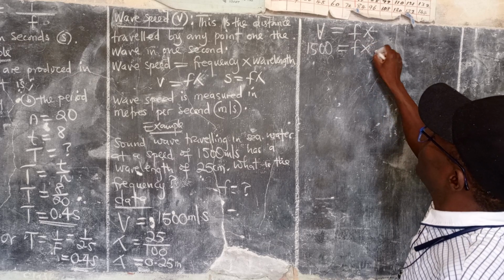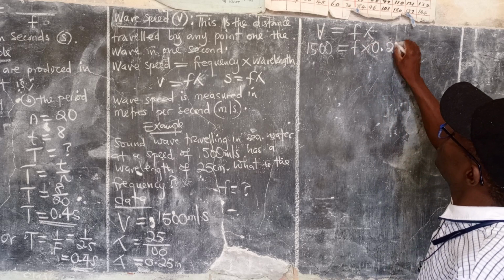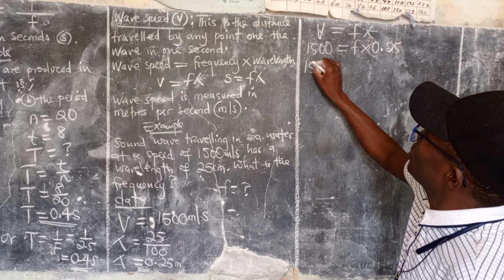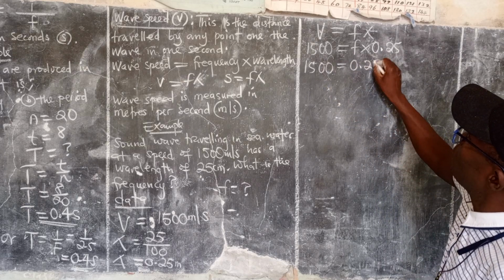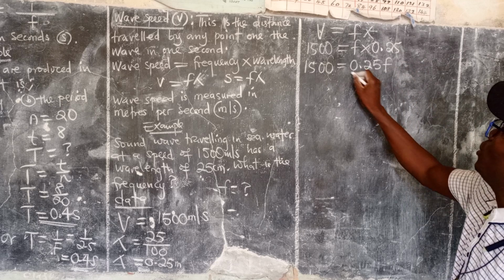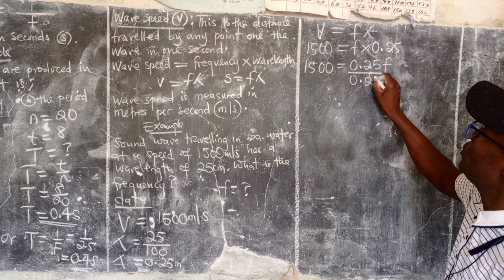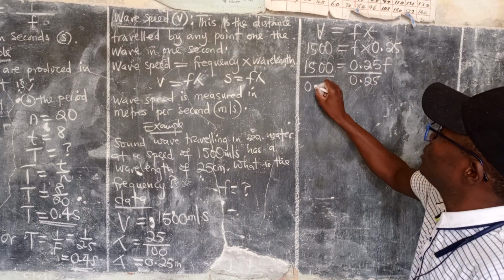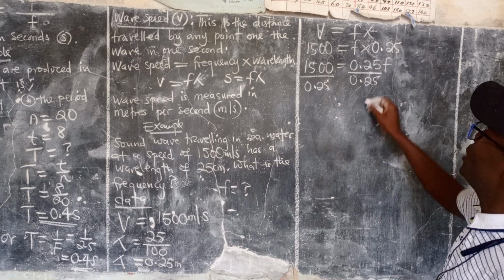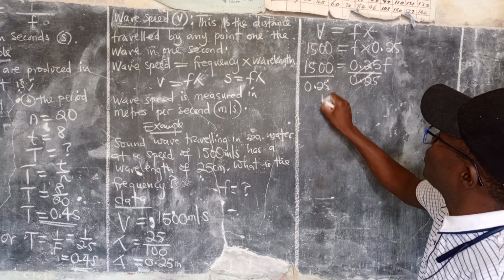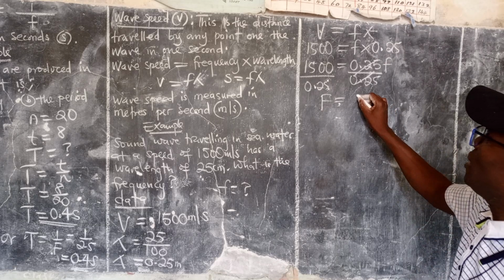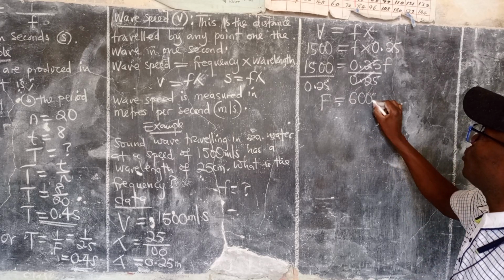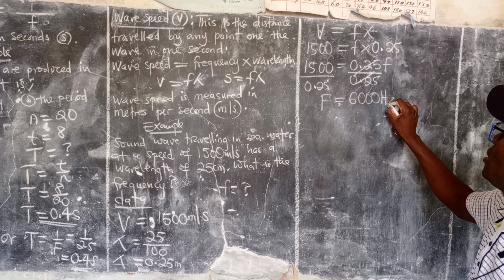No. But do you know the wavelength? Yes, 0.25. So 1,500 is equal to 0.25 times F. You divide by 0.25 on both sides, so this and this cancel out. Our frequency is equal to 6,000.